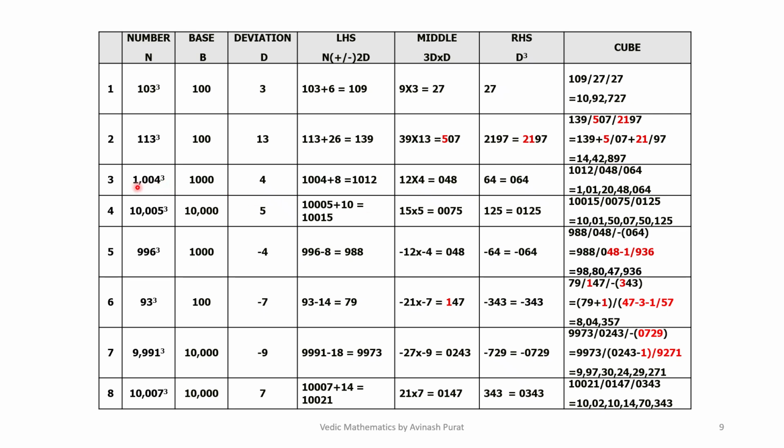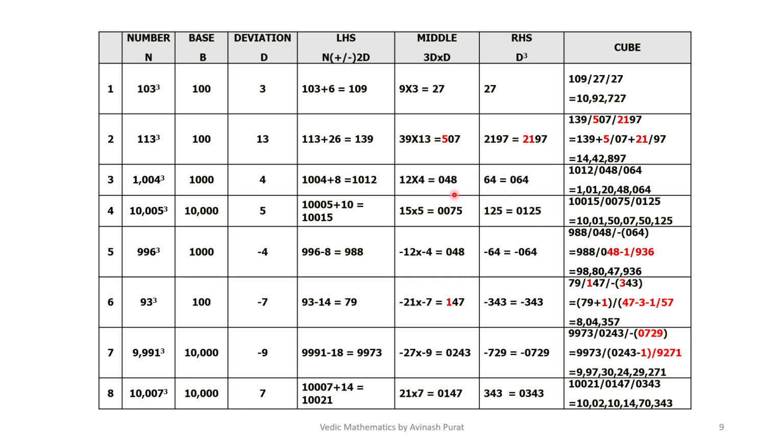Third example is 1004 cube. Base is 1000. Deviation is 4. So LHS is 1004 plus 8, that is 1012. Middle term is 12 multiplied by 4 equal to 48, and deviation cube is 4 cube, 64, that is 064.